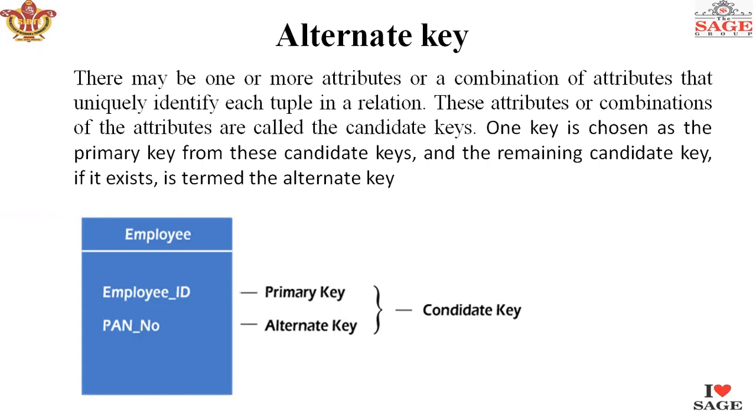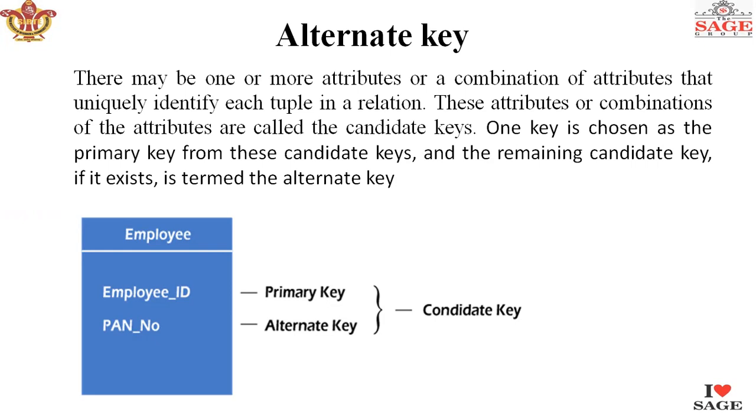Next, we'll discuss the alternate key. There may be one or more attributes, or a combination of attributes, that uniquely identify each tuple in a relation. Each tuple means each row, and these attributes or combinations of attributes are called candidate keys.